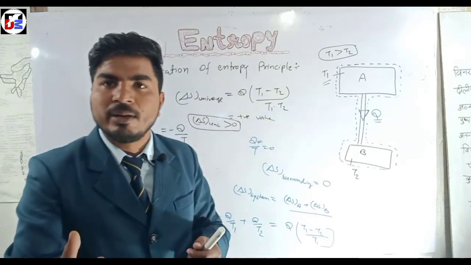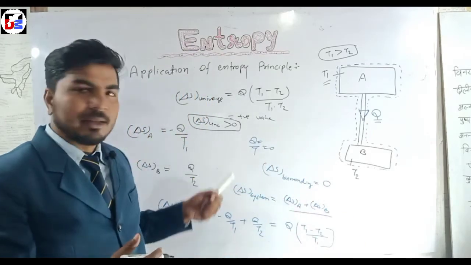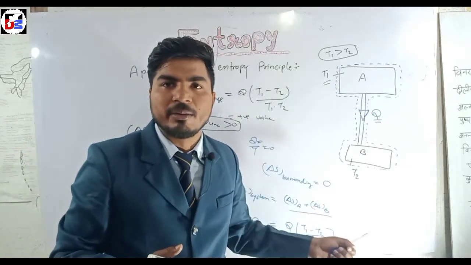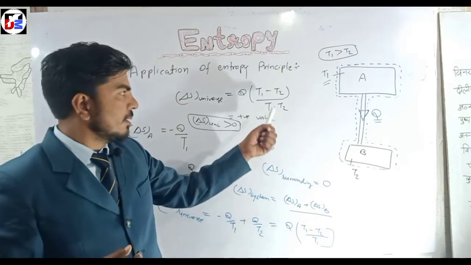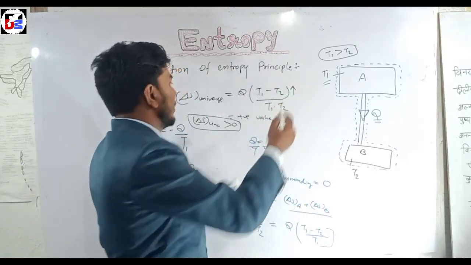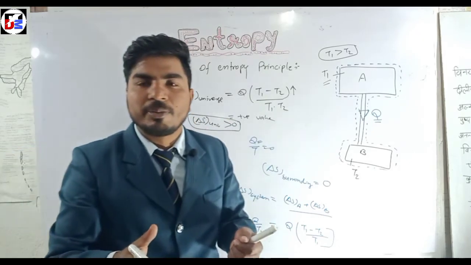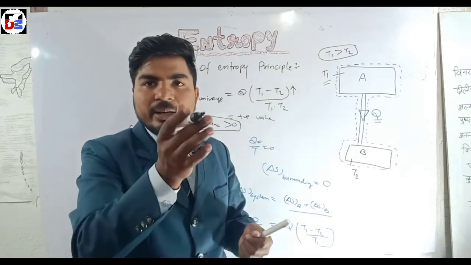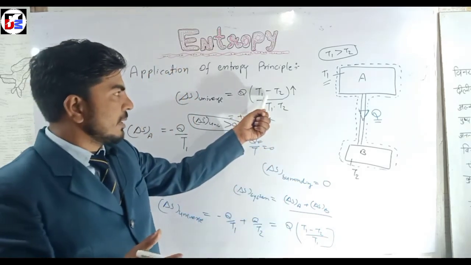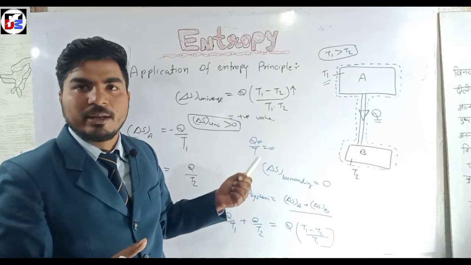If equal to 0, then the process is reversible, and if greater than 0, then the process is irreversible. Then if we increase the temperature difference, delta S increases. That means irreversibility increases.